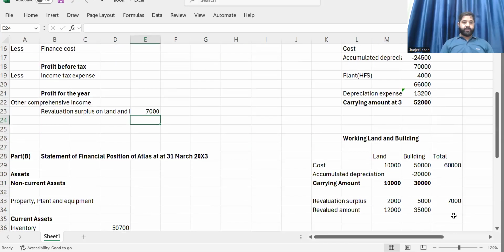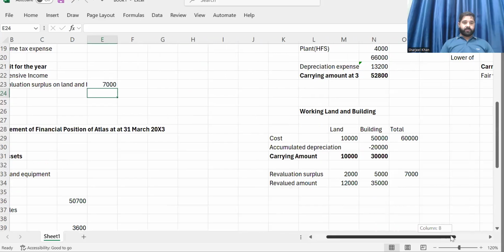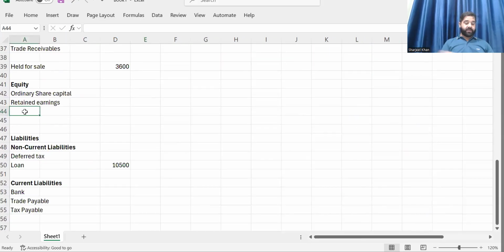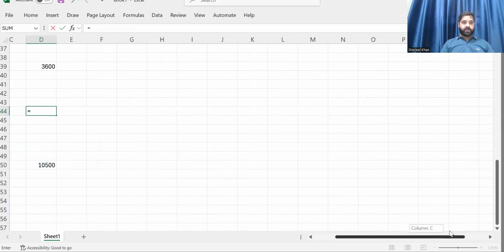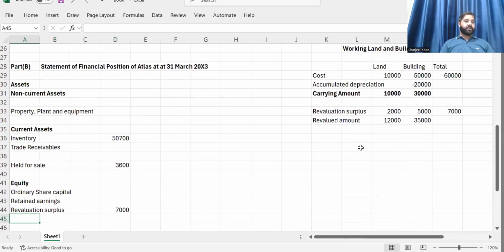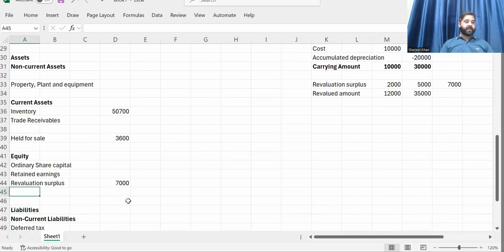Clear? And it will be recognized in the equity as well. The revaluation surplus is recognized in other comprehensive income as well, and in equity, right?